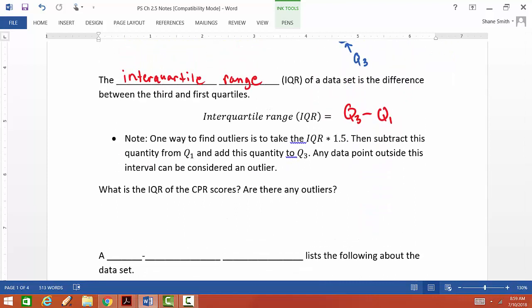To calculate if you have an outlier or not, we take our first quartile and subtract 1.5 times the IQR. And we take our third quartile, which is the upper end, and we add 1.5 times the IQR.